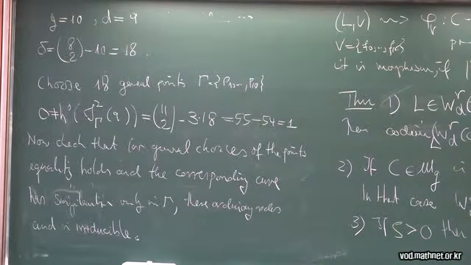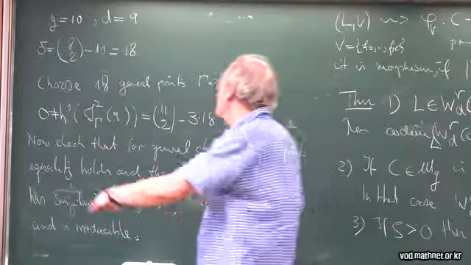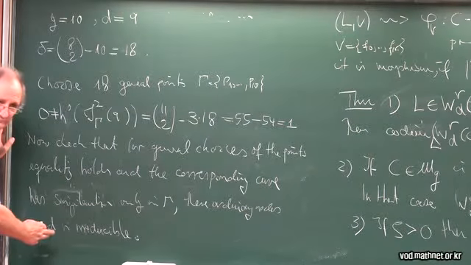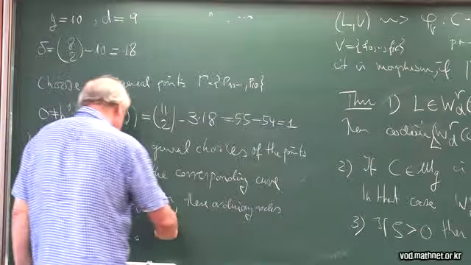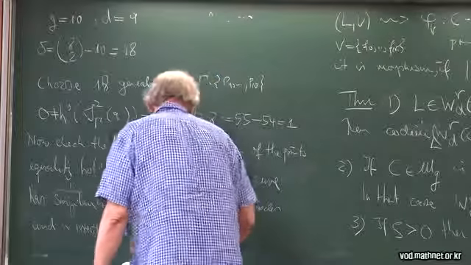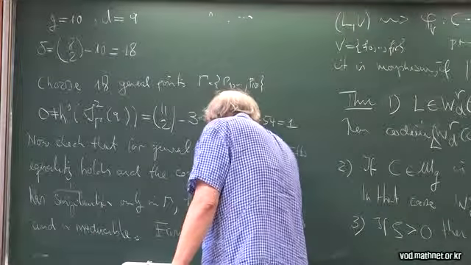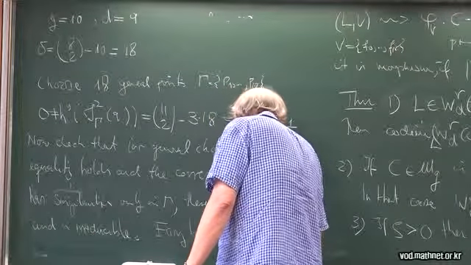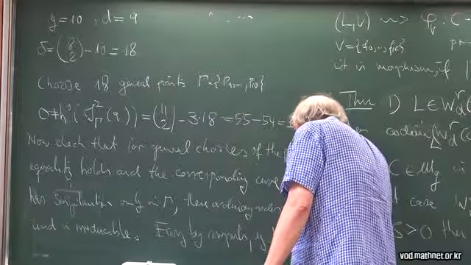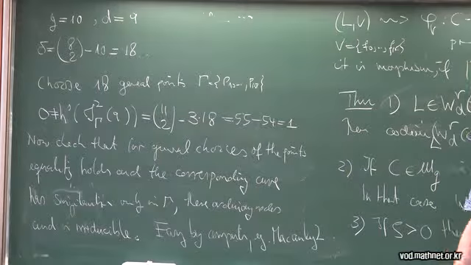Choosing 18 points is really a lot of equations, and it's a big computation if you do it by hand. But this is easy by computer, e.g. using Macaulay. There's a very short program which checks this.